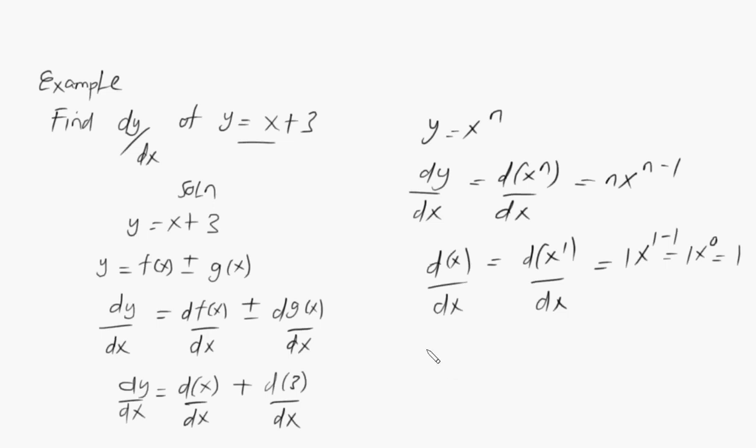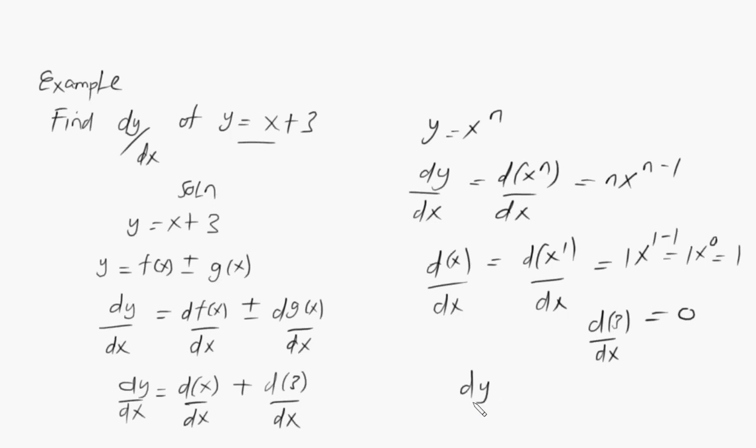And what about the derivative now of 3? You remember in the video tutorial differentiation from first principle 2, I have created such a video tutorial. I said that the derivative of a constant is just 0. So this 3 is like a constant. So the derivative of 3 with respect to x is just 0.